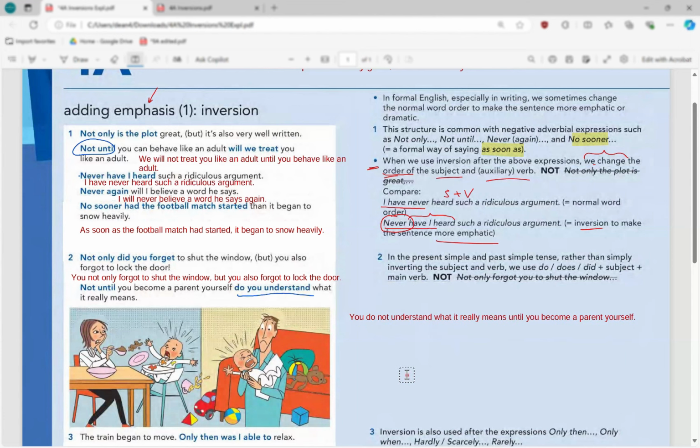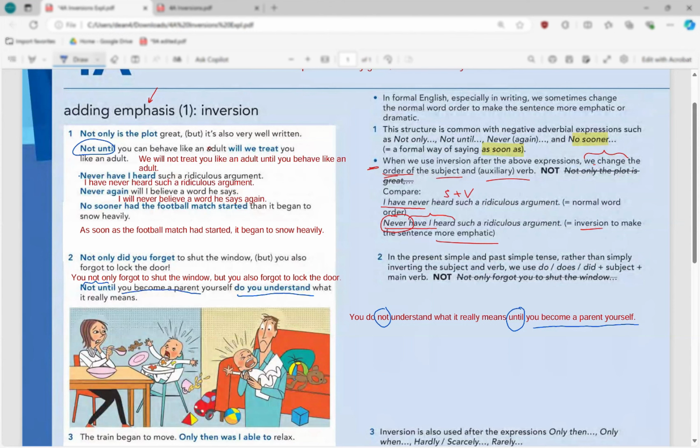So when I want to invert, I say not until. I'm going to put it here. Not until. Sorry, the second example, right? Not until here. You see? And then the rest will be the same. Not affected: you become a parent yourself.